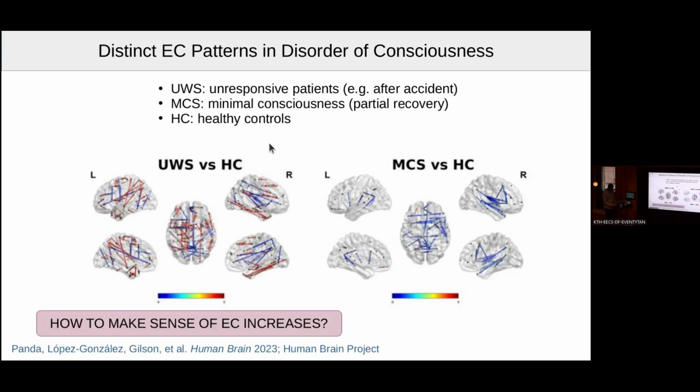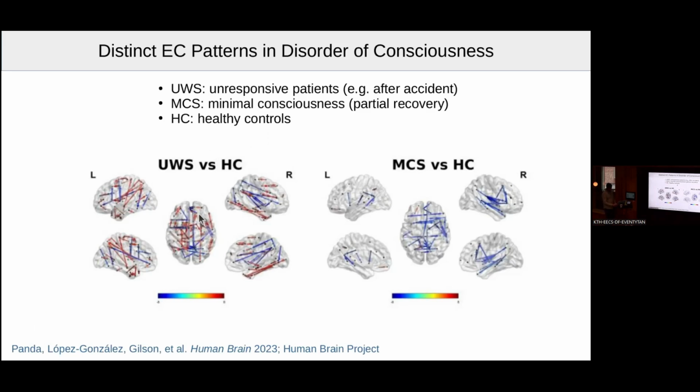And so when we applied effective connectivity to these three groups, we looked at the differences between UWS and healthy control, and MCS and healthy control. And to our surprise, what we found is a mixture of increases and decreases of effective connectivity for this patient group, and here only decreases.